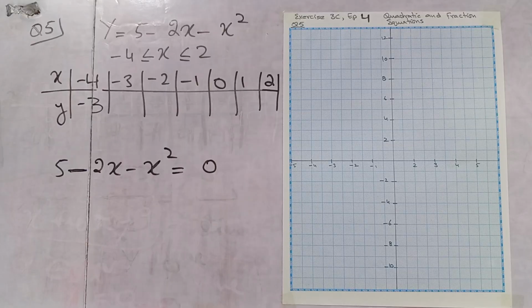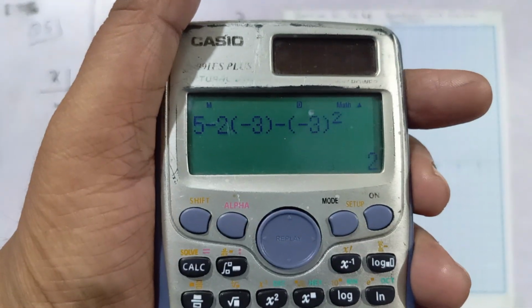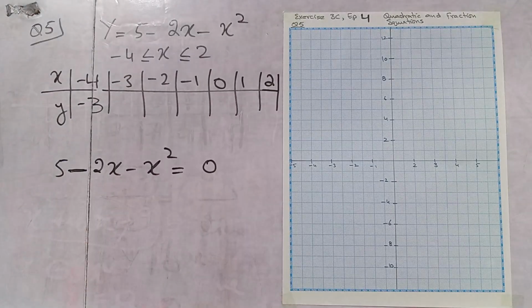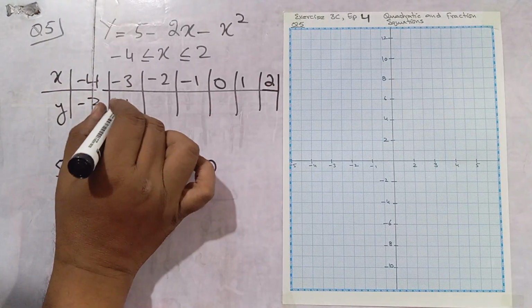Then we enter minus 3: 5 minus 2 times minus 3, minus minus 3 squared, equals, and it is 2. So I write here 2.